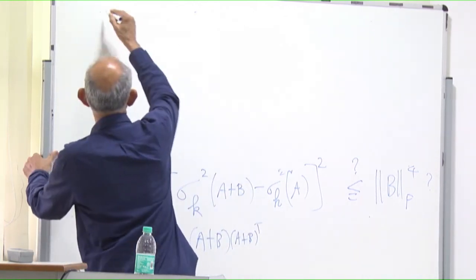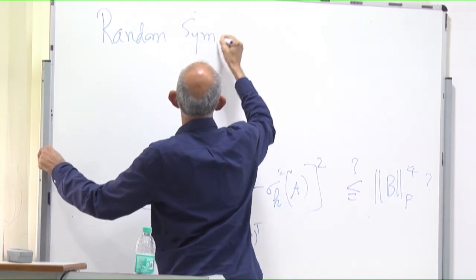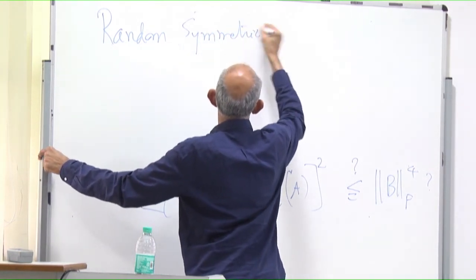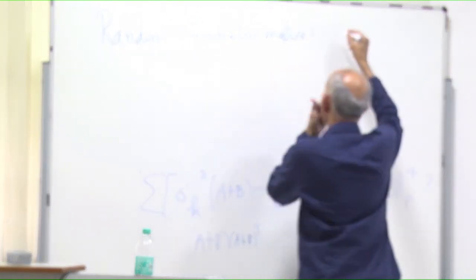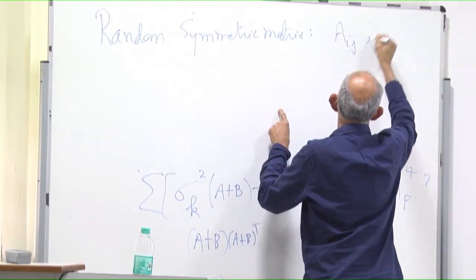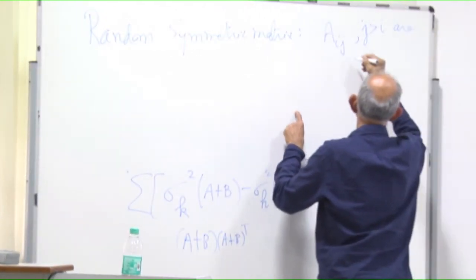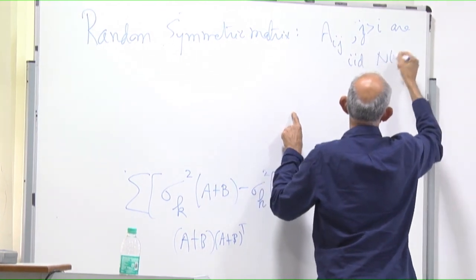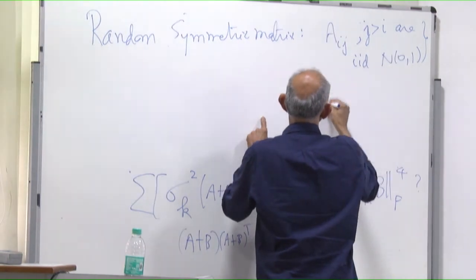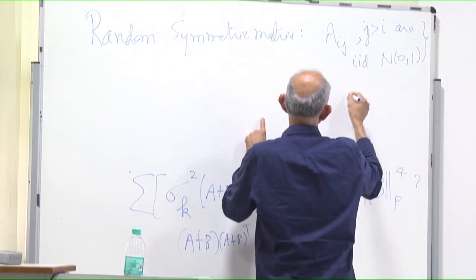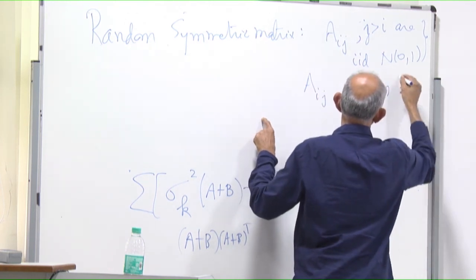So first, if you have a random symmetric matrix, what does that mean? That means Aij, j greater than i, are IID, let's say, normal 0, 1, and Aij, j less than i, are determined by symmetry.